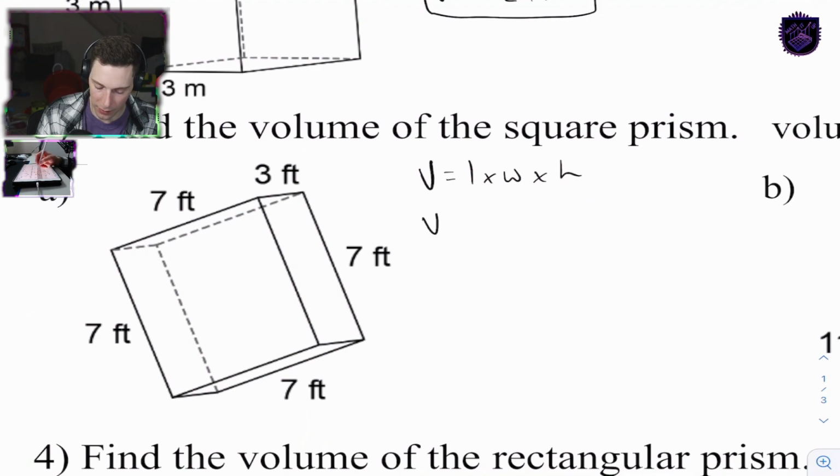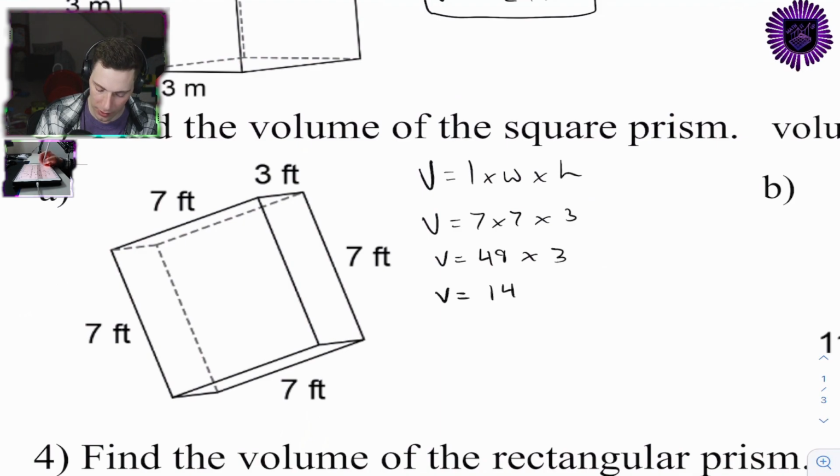So our volume will be equal to 7 times 7, that's our square face, times our height of 3. The volume is equal to 49 times 3, which is 147 feet cubed.